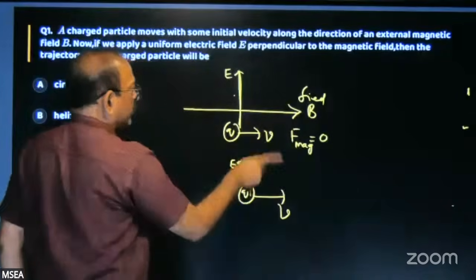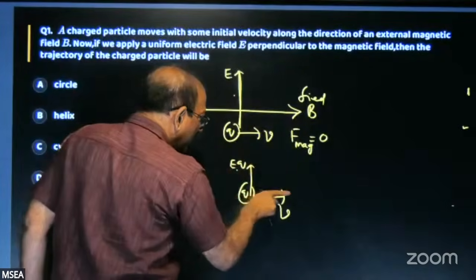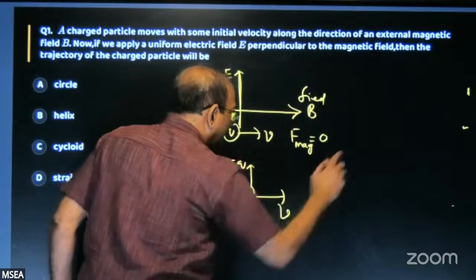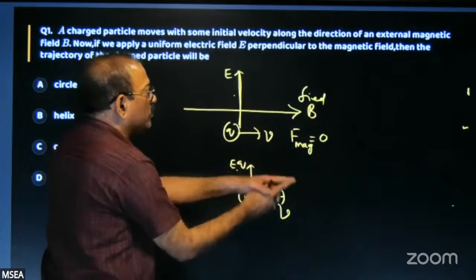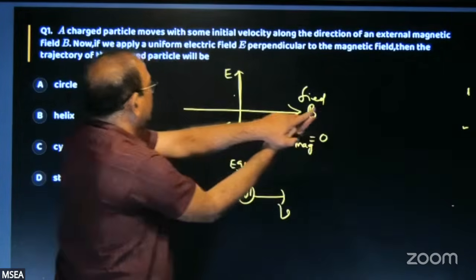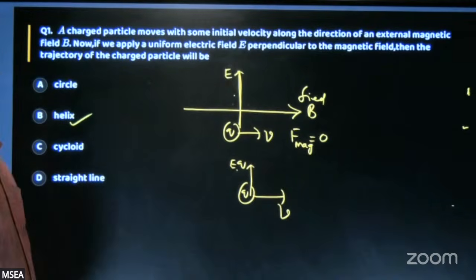And due to the velocity which it already has along the magnetic field, it will have linear motion along this straight line. So it has to move straight and also make circular motion, means it will move on a helix. So the answer is helix. Understood?